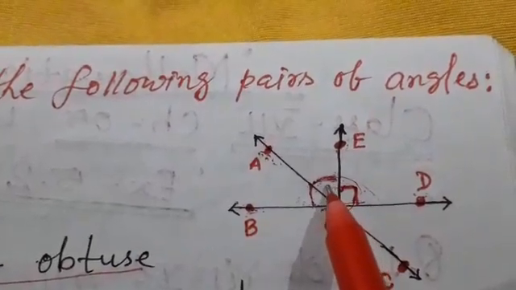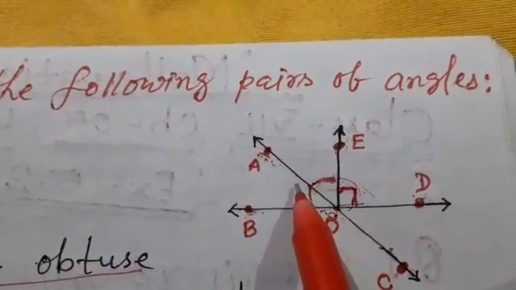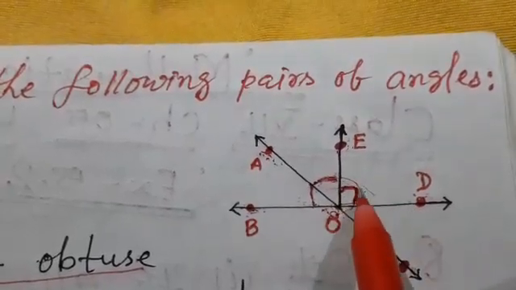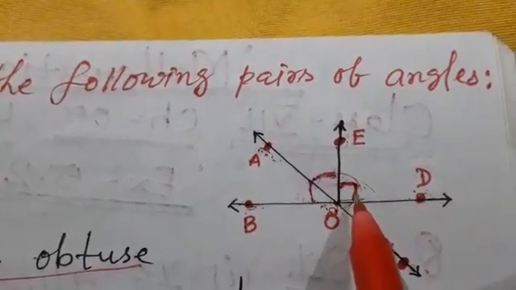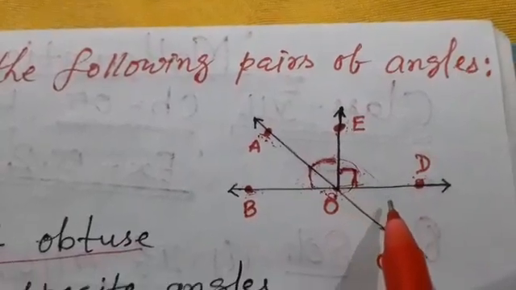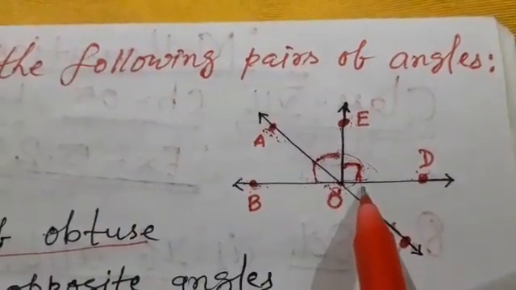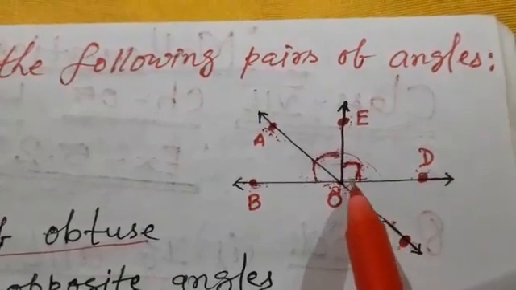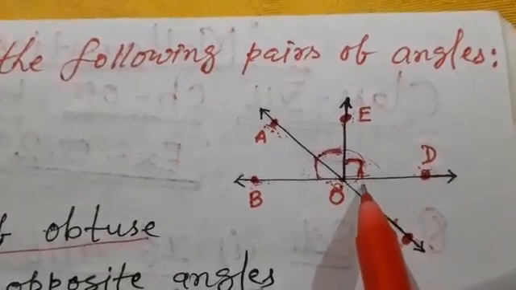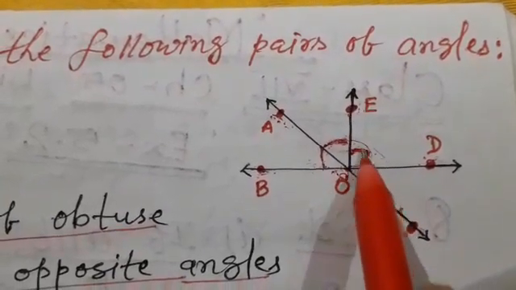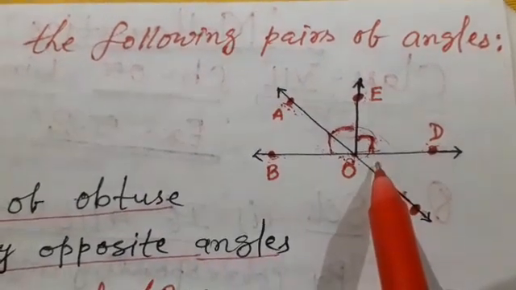And the last pair of this question is angle EOD, which is 90 degrees, and angle COD. These two angles also form adjacent angles, but they are not an example of a linear pair because the sum of them is not 180 degrees.